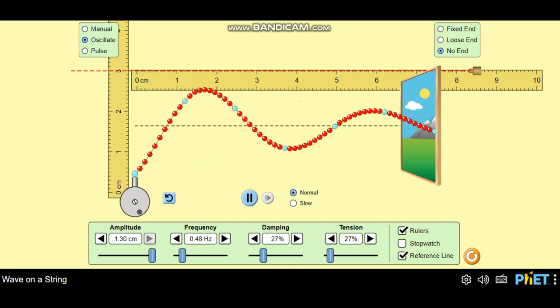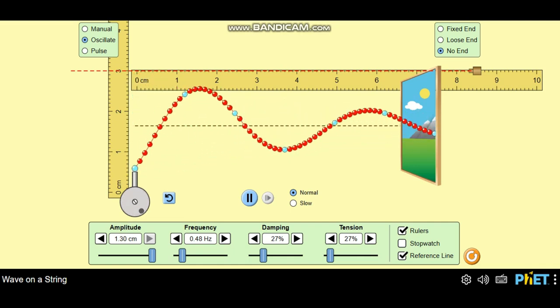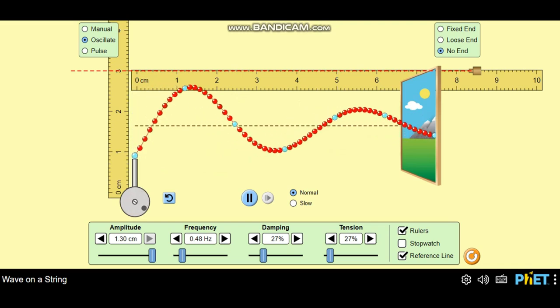Okay, next I will explain the oscillate no end with damping low and tension low. We can see from the figure the wave propagates as a transverse traveling wave under a no end condition, allowing continuous energy transmission without reflection.